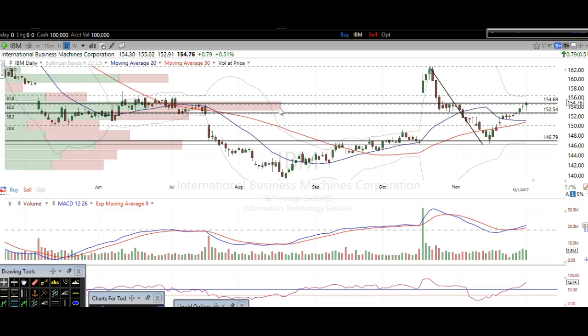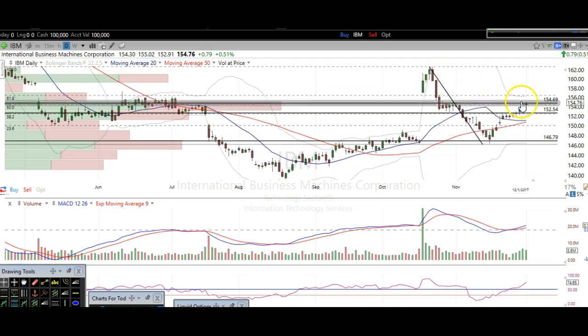That is going to be a big level of resistance for IBM. Not saying it's going to come down from here, but with options, you've got time on your hands. You want to take profits when you get them. So we've got resistance from the volume, resistance from the highs of these days over here, and the Fibonacci retracement level.